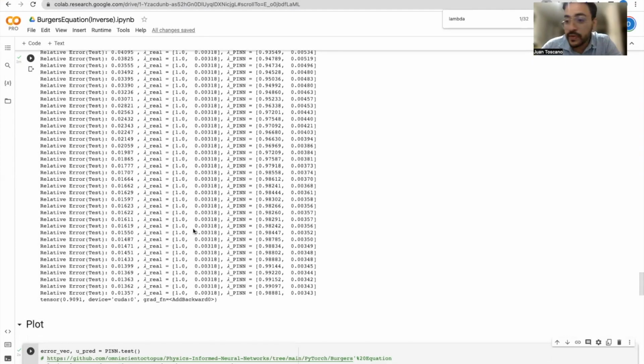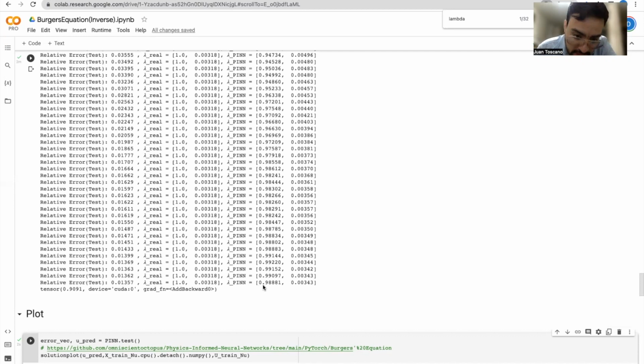Once the training process is completed, we can see that the relative error on the solution of the partial differential equation is 1.3%, which is pretty good. And also our physics-informed neural network did a really good job estimating our parameters. You can see that we have 0.98 out of 1 for the first lambda, and 0.0034 out of 0.01 for lambda 2.